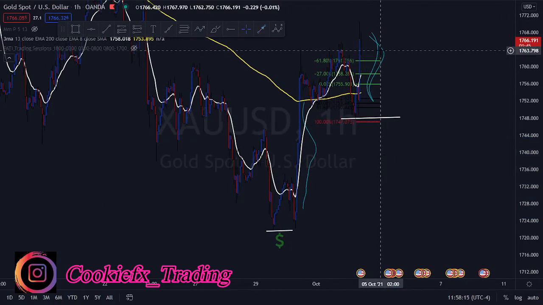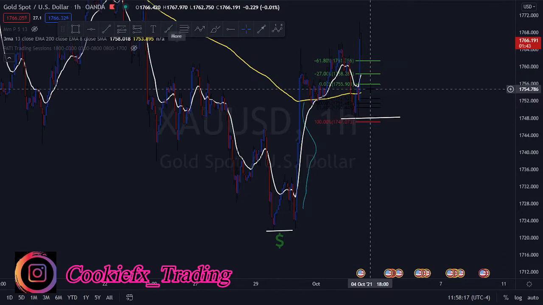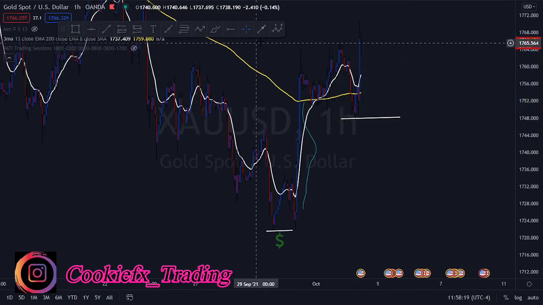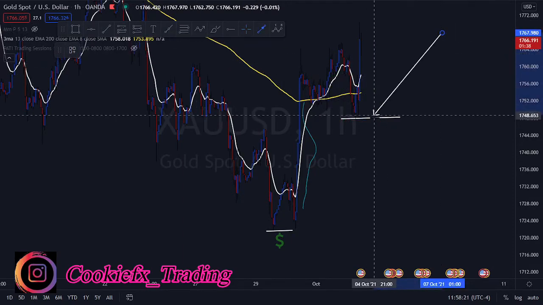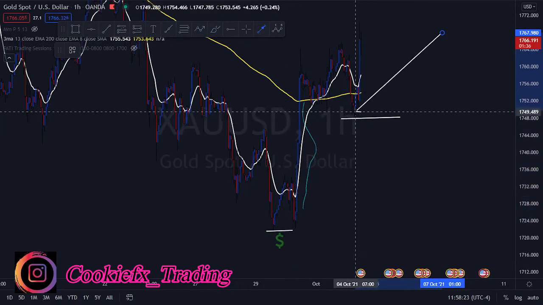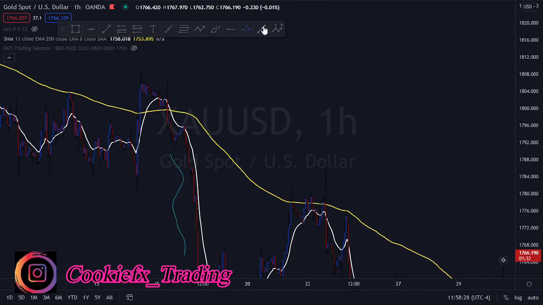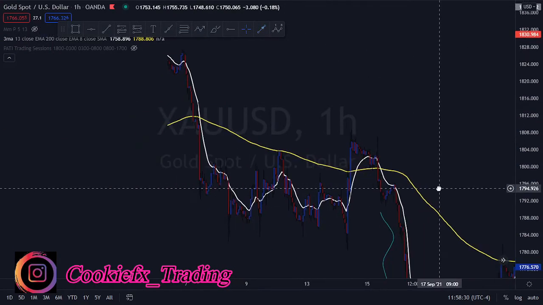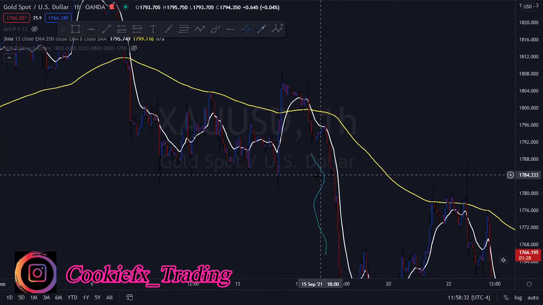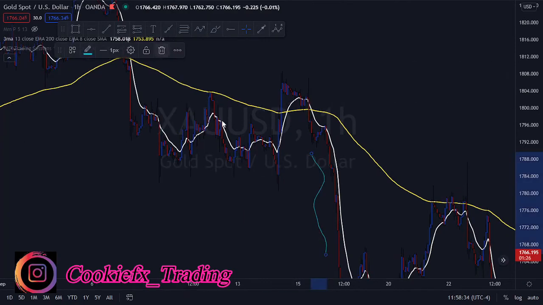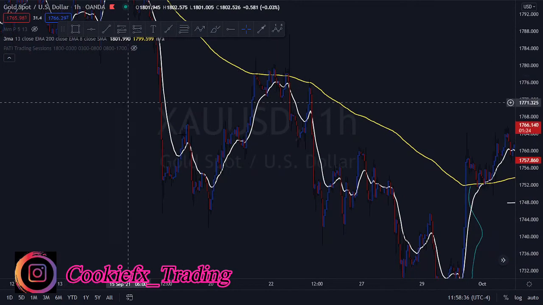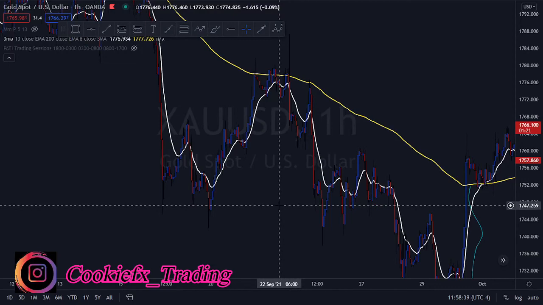Being that it's NFP week, with news they might push price down to grab liquidity there, and then bring price back up to start filling in all these orders. Because for the past couple weeks the market has been super bearish. So there's liquidity all over the place.